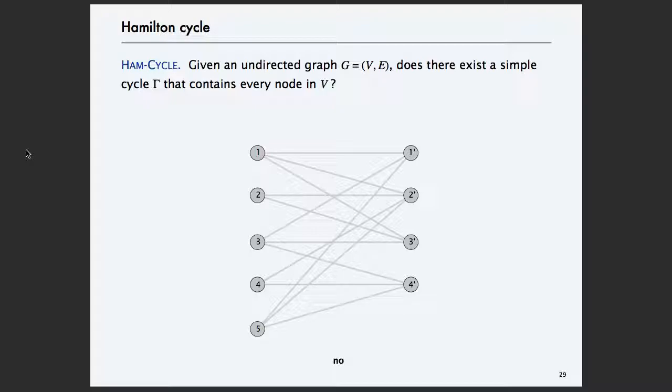How can you brute force this? Find all the simple cycles. How many simple cycles could there be? A lot. Potentially 2 to the n, which is all the possible subsets of these sets.